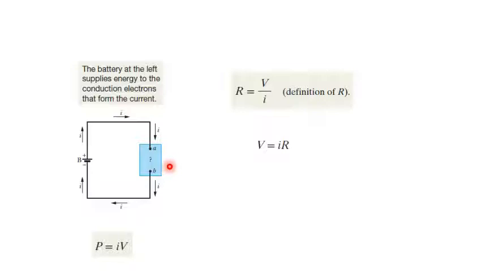So if we are talking about the dissipated power in the resistor, instead of V we can say I multiplied by R, so it is I squared R. Or instead of I, we can say V over R, so P equals V squared over R. That we have studied in the previous chapter in electric current.